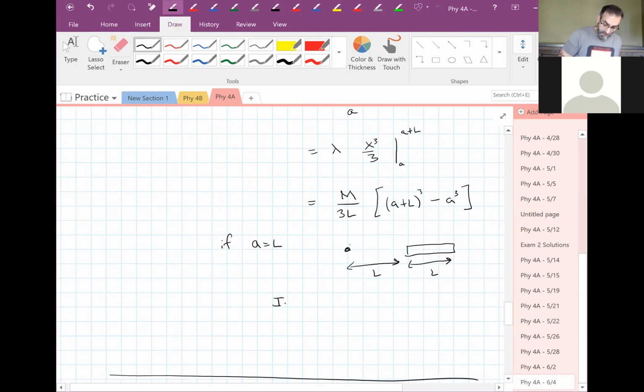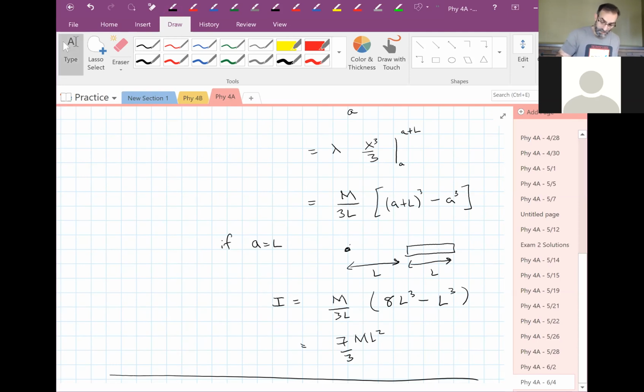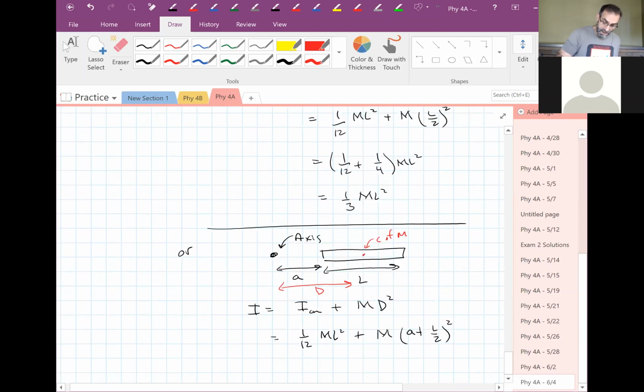Then I would be equal to, what would I be equal to? 2L cubed, that's 8L cubed, minus L cubed. That's 7. 7/3 ml squared, is that right? Somebody check my math.